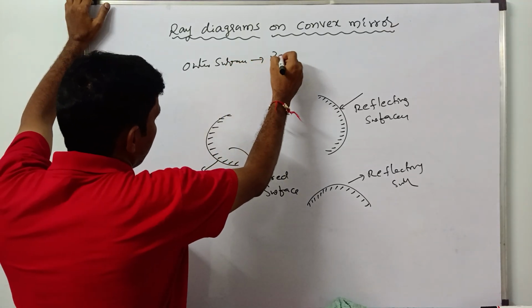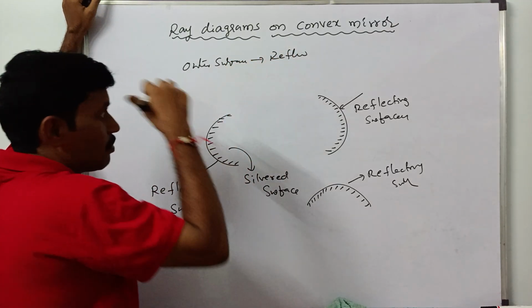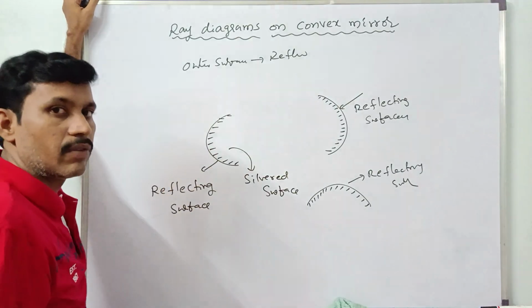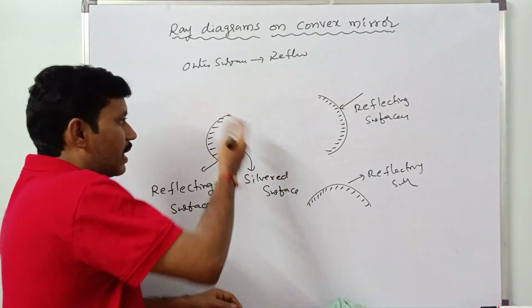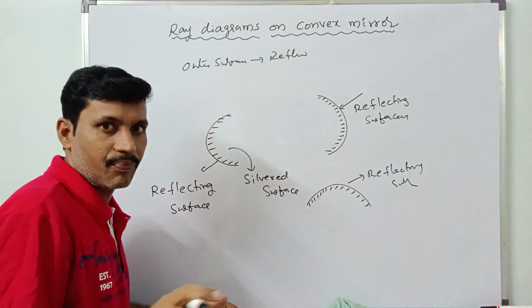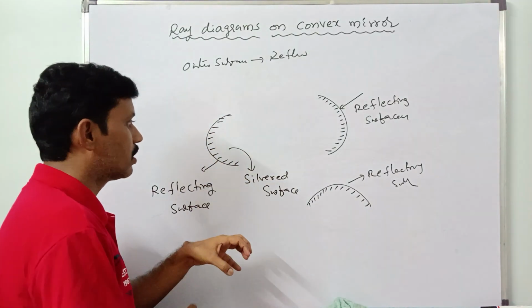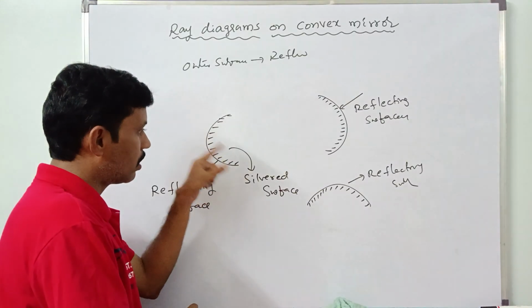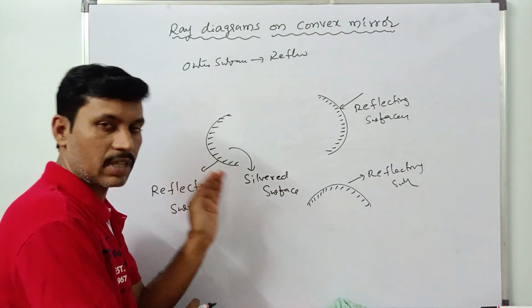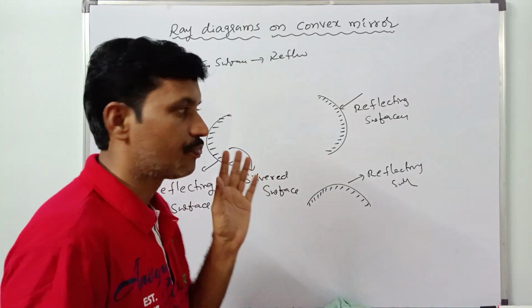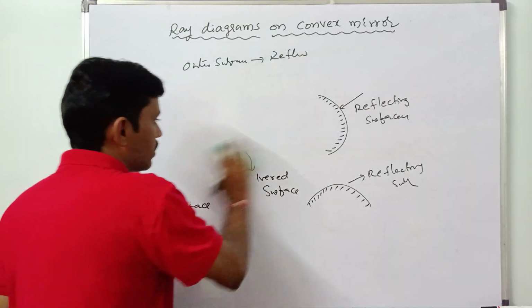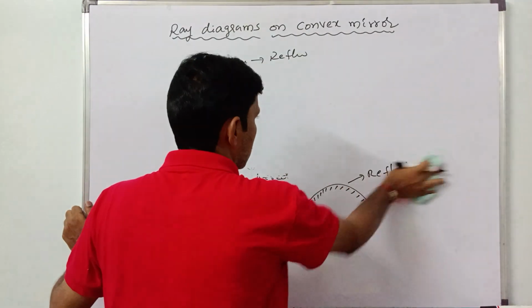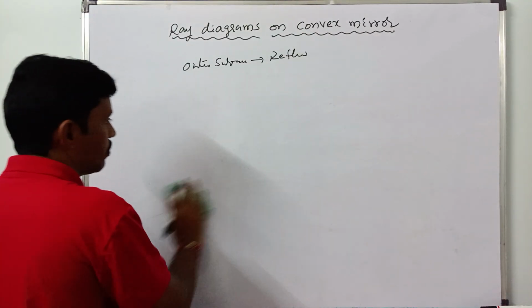You can draw it like this or like this, whatever it may be, but remember one thing: if the silvering is inward and the reflecting surface is outward, such mirrors are convex mirrors. Right. Now let us draw the ray diagrams on convex mirrors.